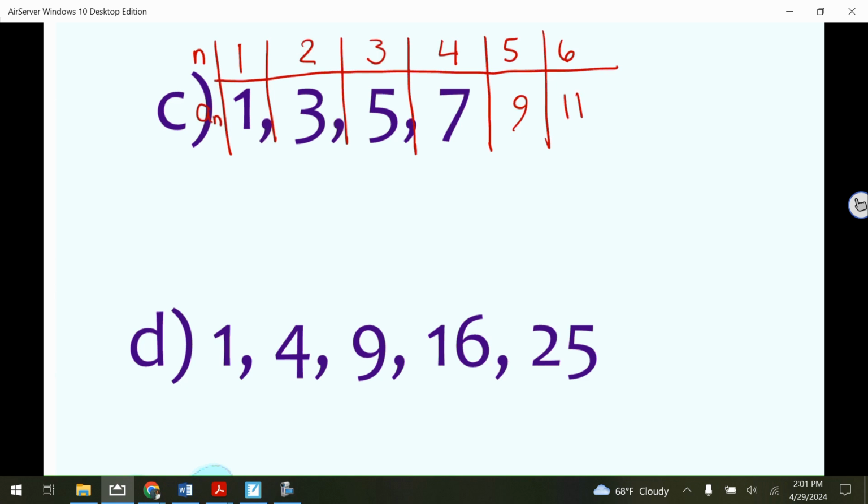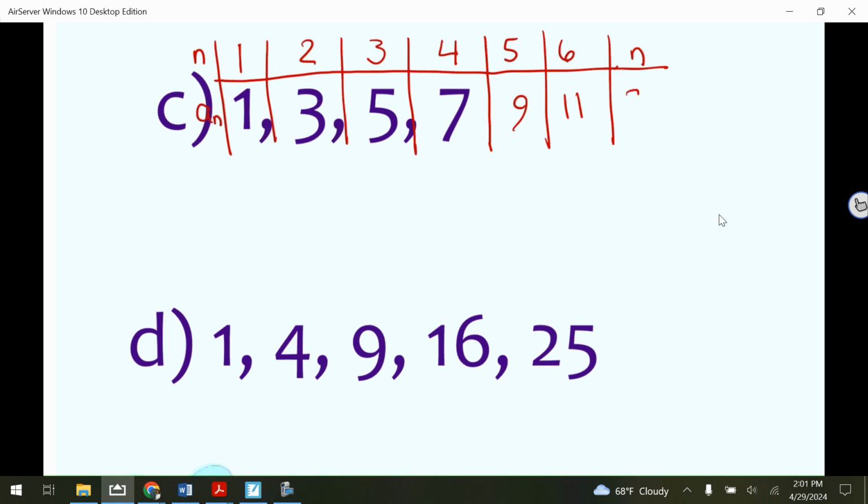And one thing I notice is that if I double each of these terms, and subtract 1, I get the number. So if I double 2 and subtract 1, I get 3. If I double 3 and subtract 1, I get 5. 4 times 2 minus 1 is 7. 5 times 2 minus 1 is 9.